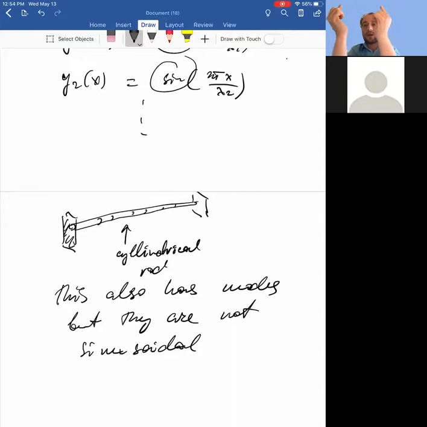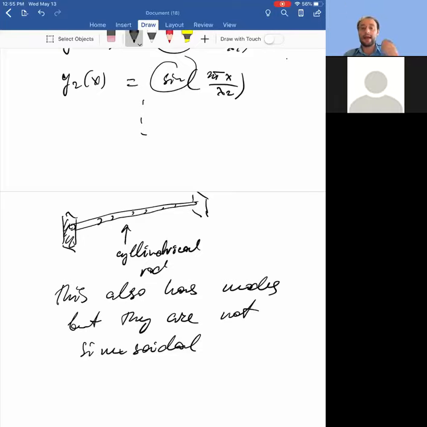So the stretched part wants to compress and the compressed part wants to stretch. So it's the bending of the material itself that causes the rod to try to restore back to equilibrium. But again, it has inertia and it overshoots. So these are different mechanisms of restoration. It's different physics involved, and they're described by different equations of motion. So in general, modes are not sinusoidal.